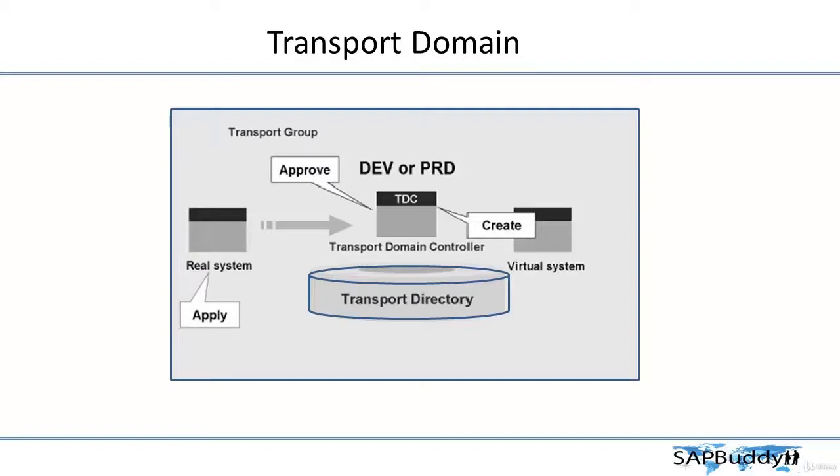Once an SAP system has been configured for the TMS and it is approved in the domain controller, you will find the newly created TMS_ADM user and the generated RFC destinations for the TMS system, which we have seen before will be created automatically.